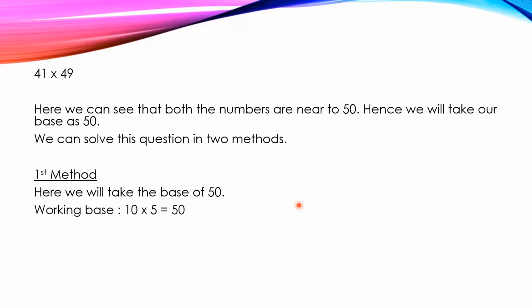So here our working base is 10 multiplied by 5, which is equal to 50. So here we can see that 41 is 9 less than 50 and 49 is 1 less than 50. So here we can also see that 50 has only 1 zero. So 9 ones are 9. Here we have a partition.